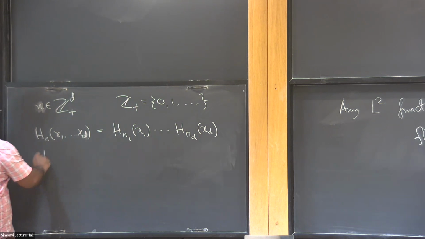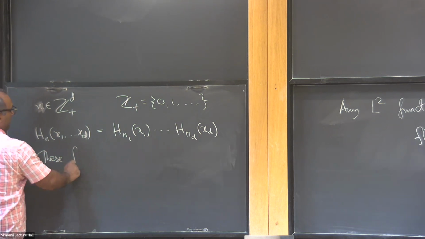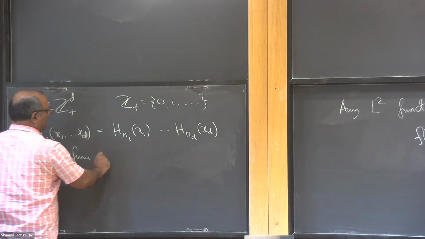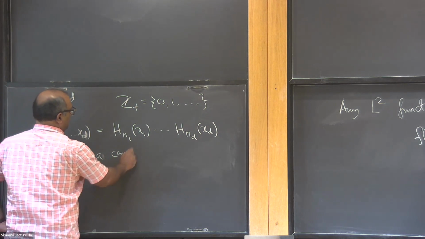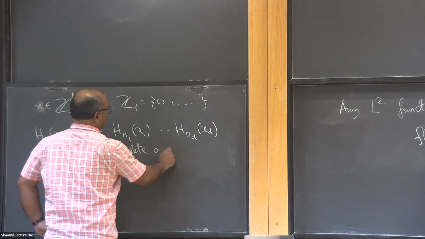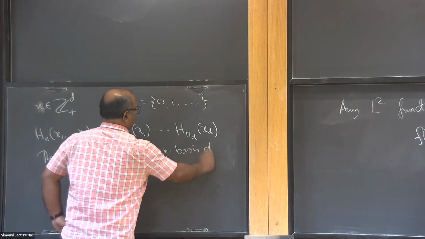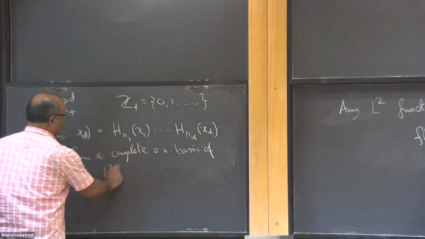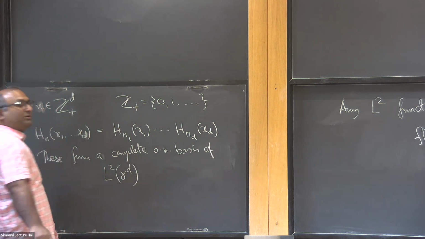So these form a complete orthonormal basis of L2 of gamma to the d.